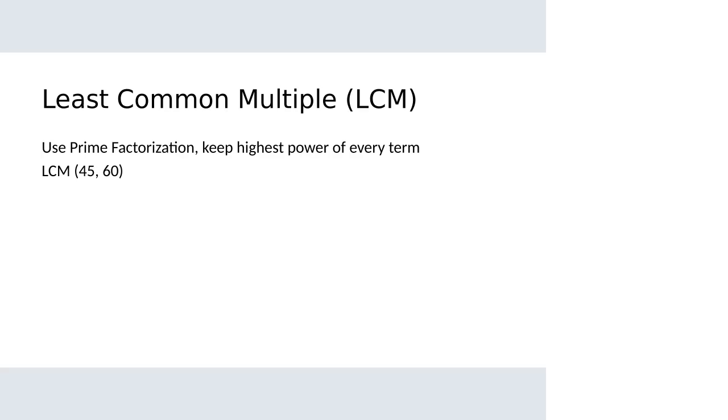Okay. Let's talk least common multiple. This is very much related to greatest common factor. And the reason that it's very much related to greatest common factor is because we're going to use prime factorization again. If we want to find the least common multiple of two numbers, with greatest common factor, it was what's the biggest number that will divide evenly into these numbers.